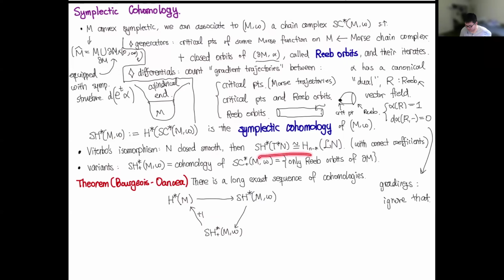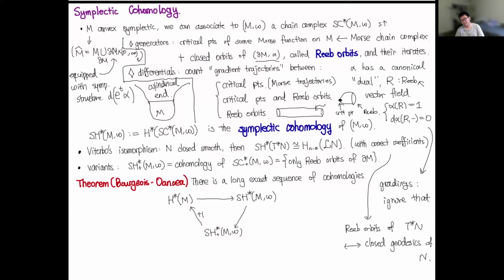So there is a canonical isomorphism between the symplectic cohomology of the cotangent bundle equipped with the canonical symplectic form and the homology of the free-loop space of N. Of course, you can regard this as some sort of Legendre transform, where Reeb orbits of the cotangent bundle are in one-to-one correspondence with closed geodesics of N, including all these iterates.